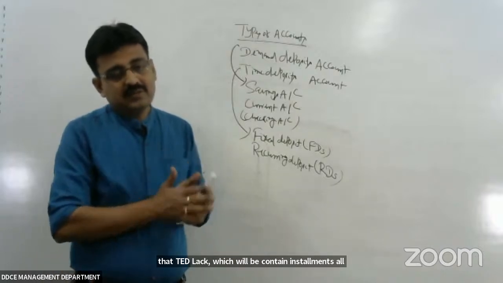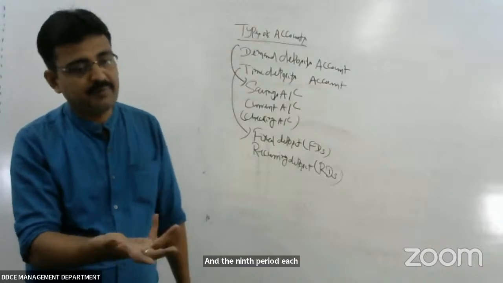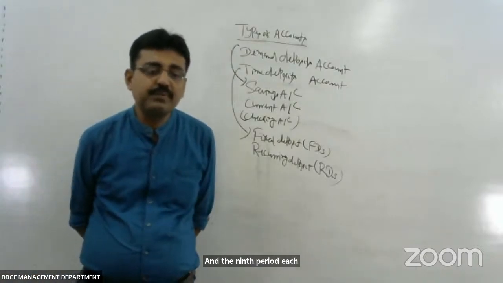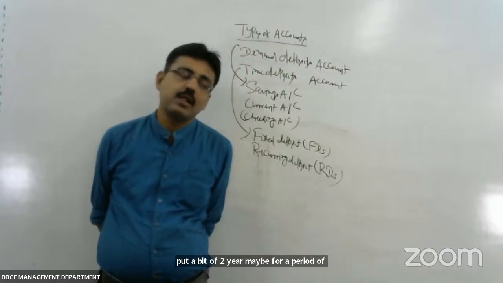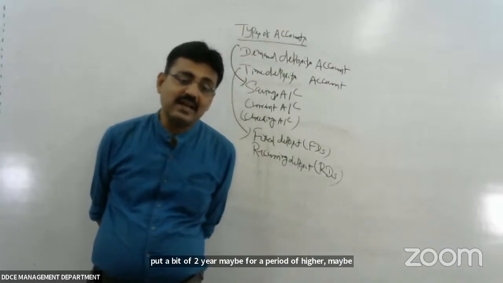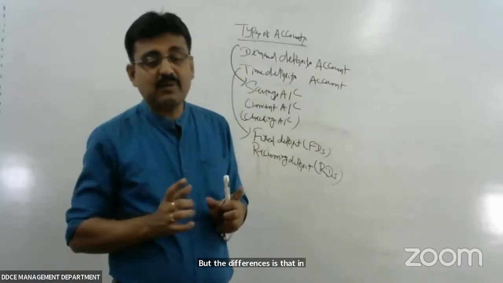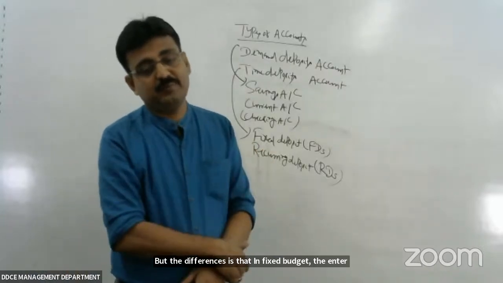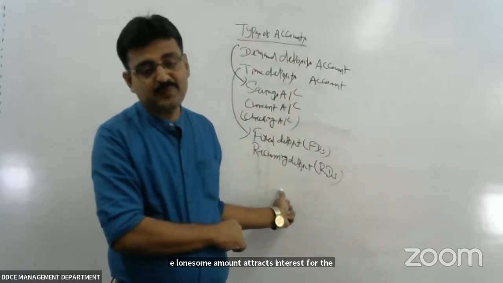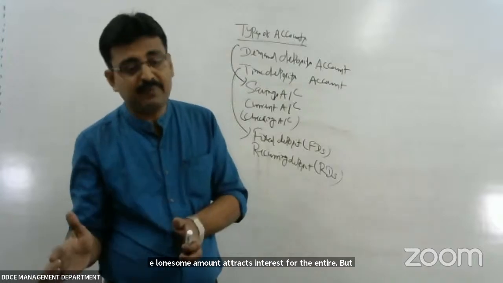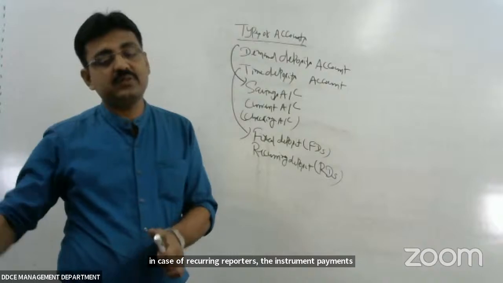And the time period is fixed initially, maybe 2 years, 3 years, 5 years or 7 years. But the difference is that in fixed deposit, the entire lump sum amount attracts interest for the entire time period. But in case of recurring deposits, the installment payments attract interest for the remaining period for which it is supposed to be kept.